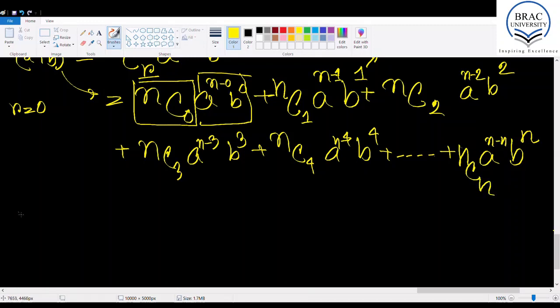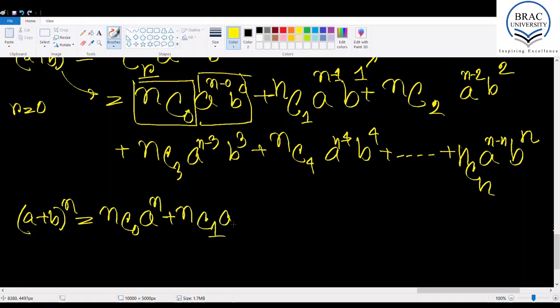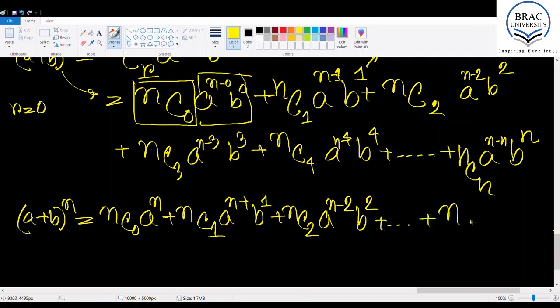Okay, so what is the expansion of the binomial theorem? (a + b) to the power n equals nC0 a to the power n plus nC1 a to the power n minus 1 b to the power 1 plus nC2 a to the power n minus 2 b to the power 2, like this, and at last nCn a to the power 0 b to the power n.